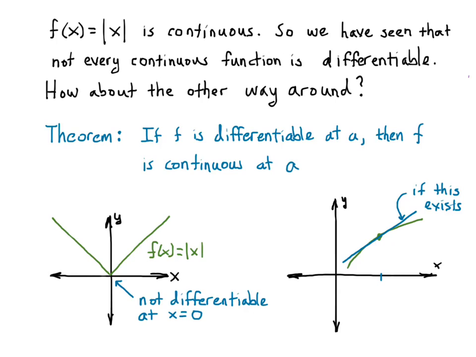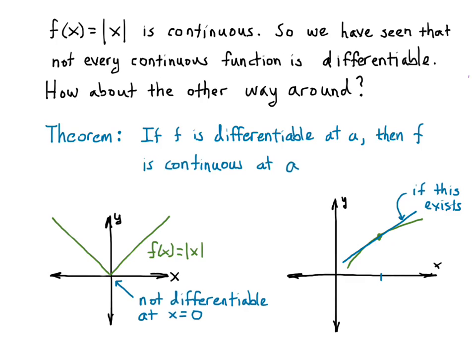If you look at the definition, the limit as h goes to 0 of f at a plus h minus f at a over h. So this is the definition of the derivative at a.